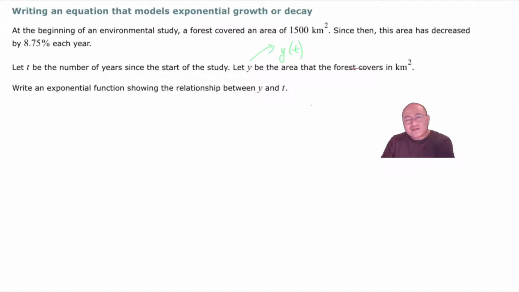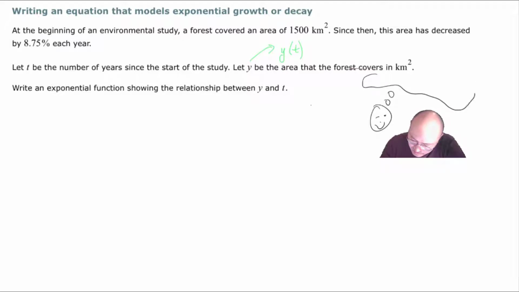Well, we know at the end of the first year, we no longer have 1,500 square kilometers. In fact, we lost what? We lost 8.75%. So how much of the original forest do we have? Over here, let's write a little bit of a thinking bubble.